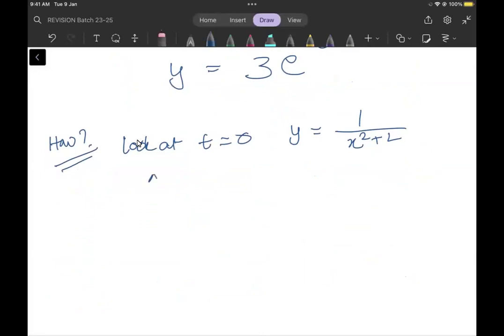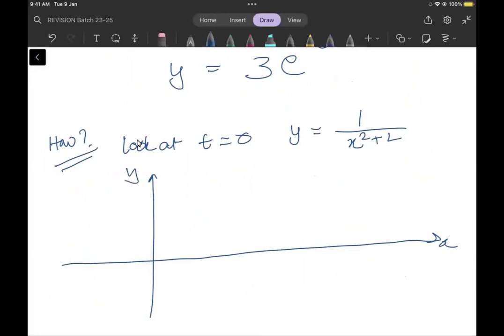Now what I can do is I can take the xy axis and I can actually draw this expression y is equal to 1 upon x square plus 2 when x is equal to plus infinity, y is equal to 0, when x equal to minus infinity, y is equal to 0, when x equal to 0, then y equal to half.